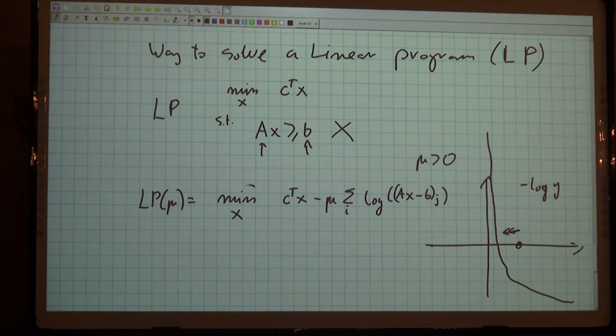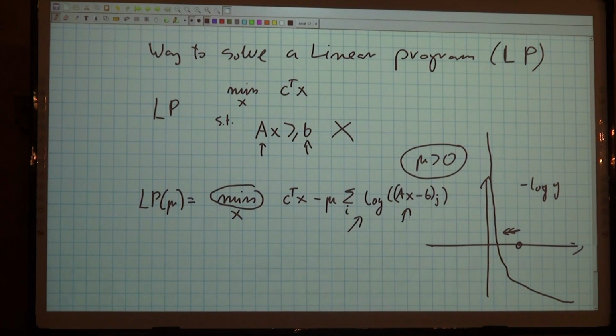Since we are solving a minimization question, we get penalized the closer we get to even this negative orthant, so we will be repelled from ever crossing there. As long as mu is positive and we start from a solution that satisfies all of these inequalities, as we minimize we will never violate any of the constraints, because this will always repel us away from doing that.